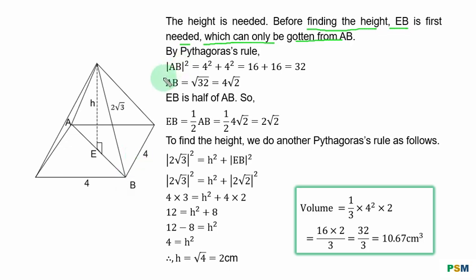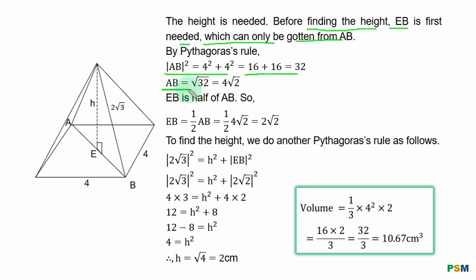So AB square, which is the hypotenuse, the square on it is equal to 4 square plus 4 square, two of the sides, and that is 16 plus 16 equal to 32.